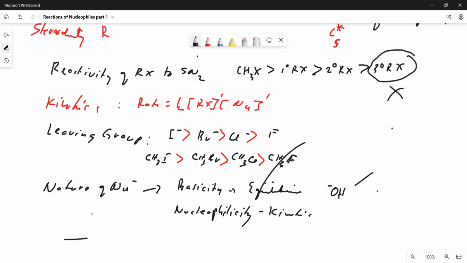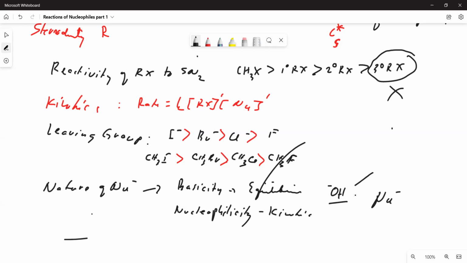But we define nucleophile as a species having a pair of electrons that is capable of donating or sharing. So obviously, if the atom is negatively charged, it has a pair of electrons to donate. So the hydroxide can also be called a nucleophile.